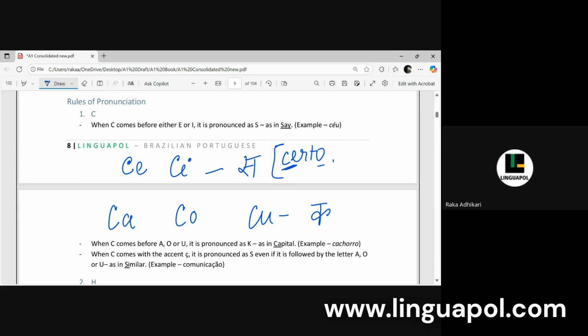Mais exemplos, more examples. Por exemplo, certeza. Certeza is certainty. So these kinds of words which have the letter CE or CI will give a sound of S.